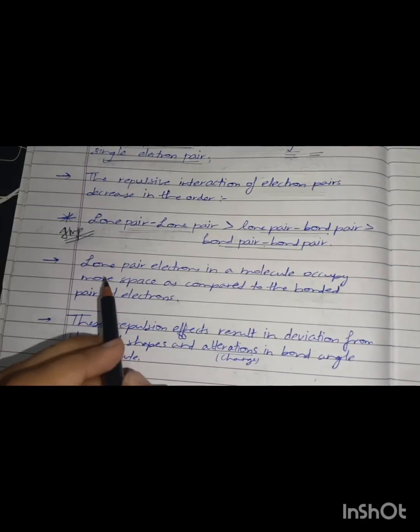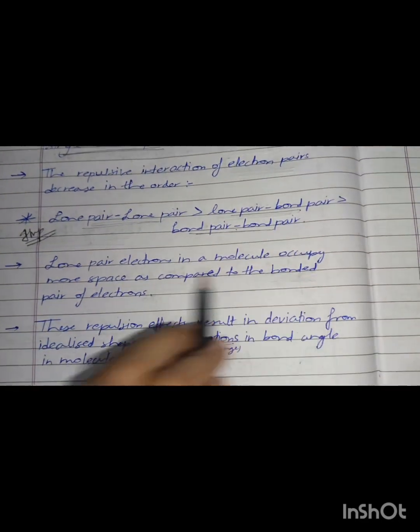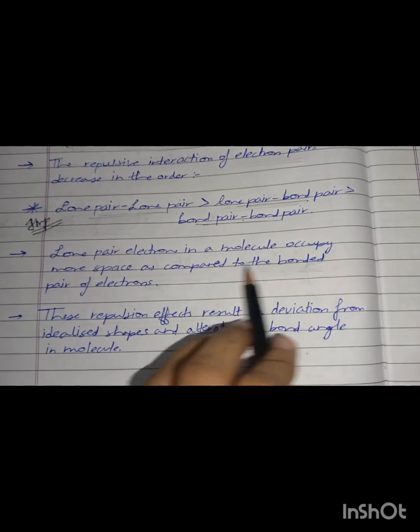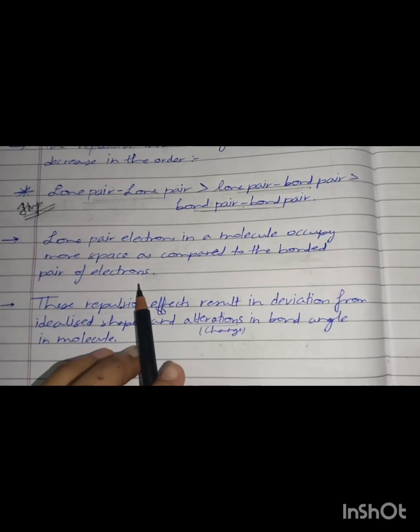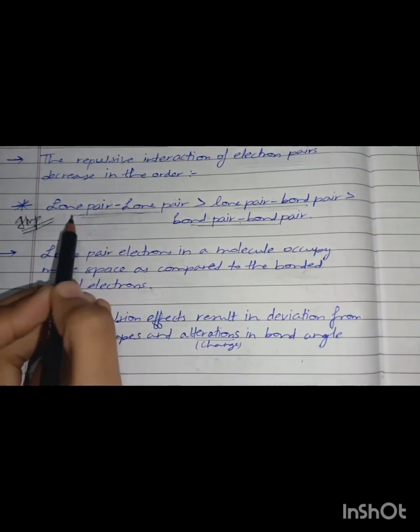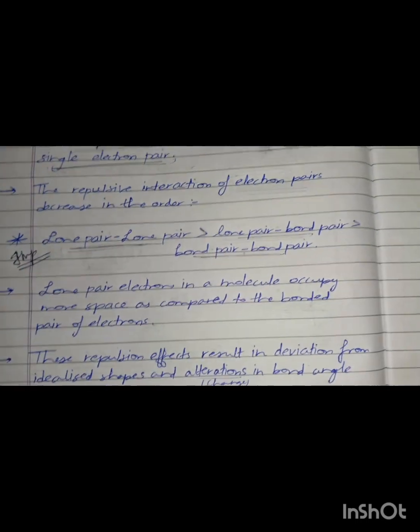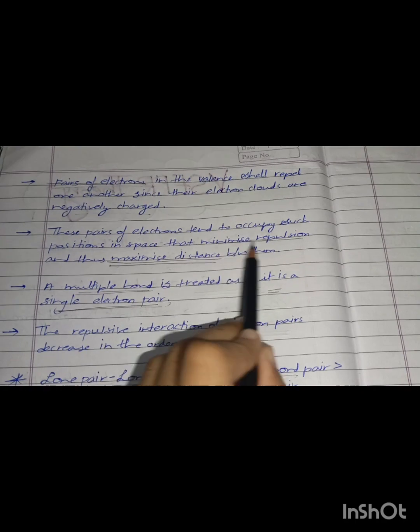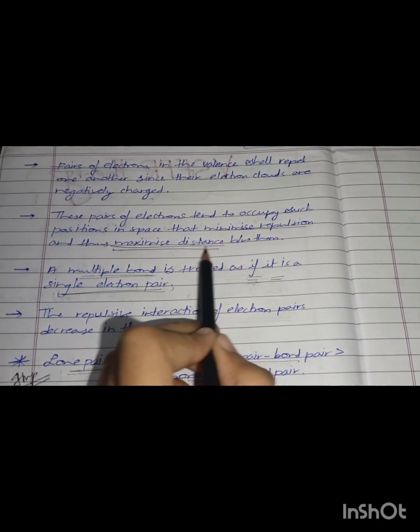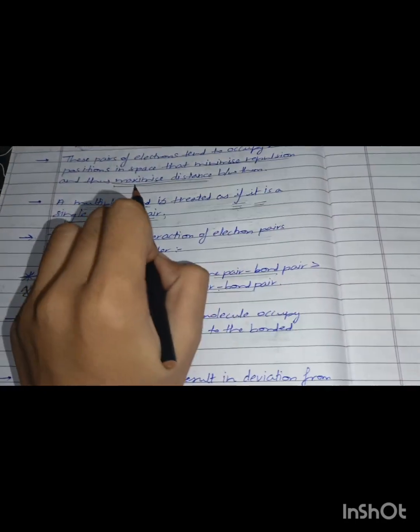Then, a lone pair of electrons in a molecule occupies more space as compared to a bond pair of electrons. Why so? Because we have discussed that to minimize repulsion we have to maximize distance, right?